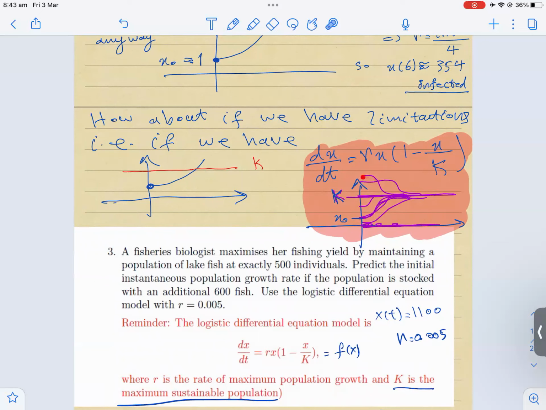Or if the population is too much, because we have limited resources, from the top it will decrease and stop at K, okay?